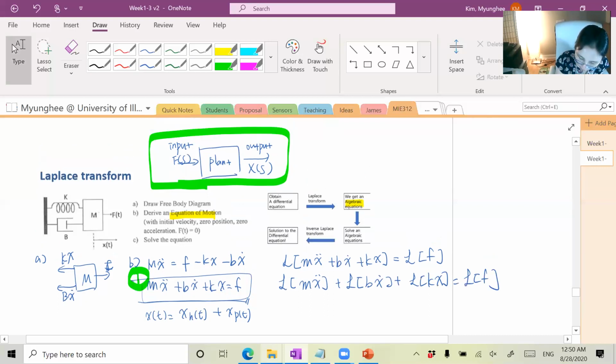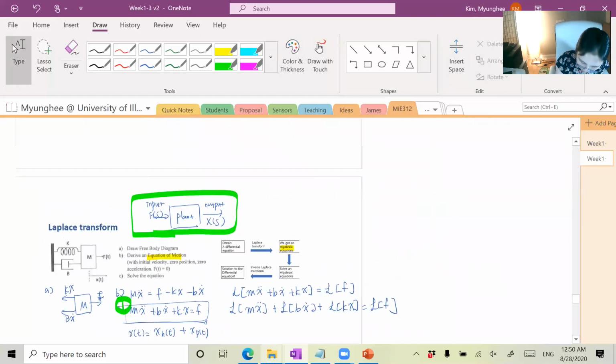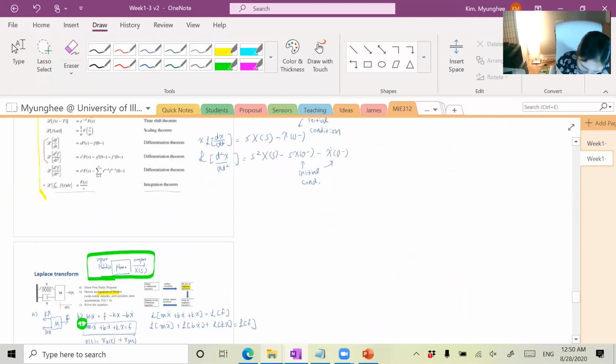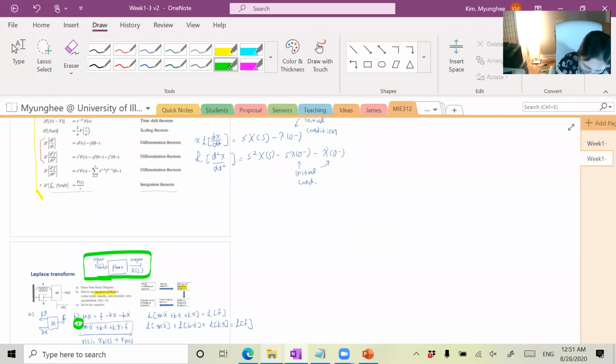So now you can use these properties, the differential theorem. This is exactly the form. This is x double dot, this is x dot.